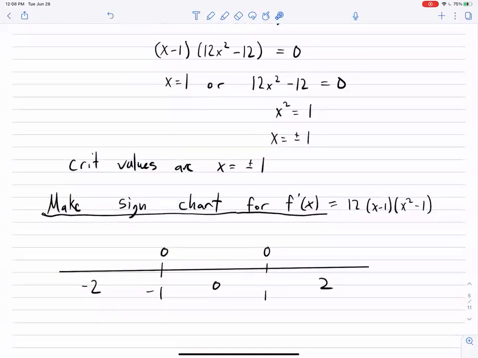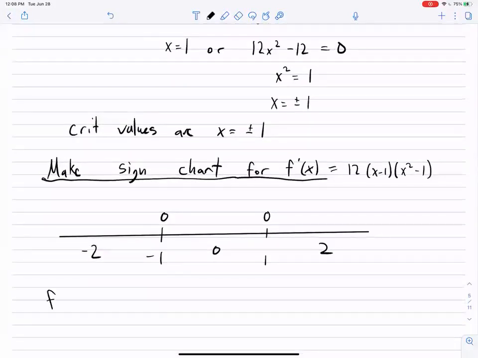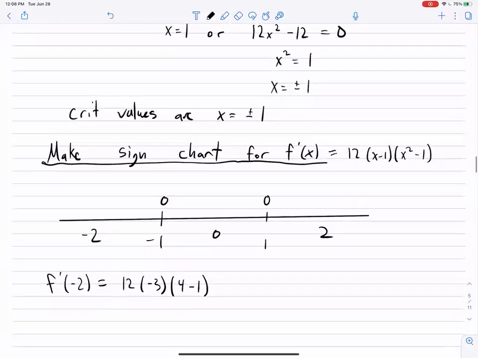If we plug in -2, f prime of -2, you get 12 times -3 times 4 minus 1. That's positive times a negative times a positive, which is negative. So this is less than 0, so it's negative in that spot.